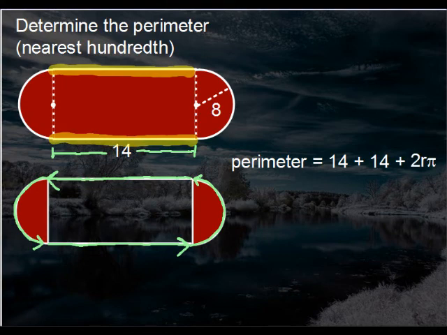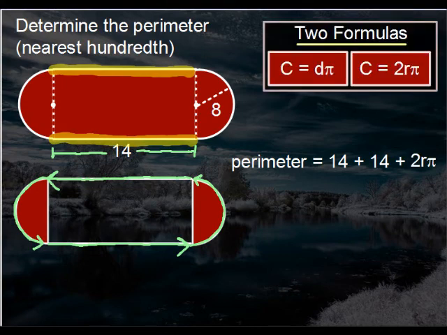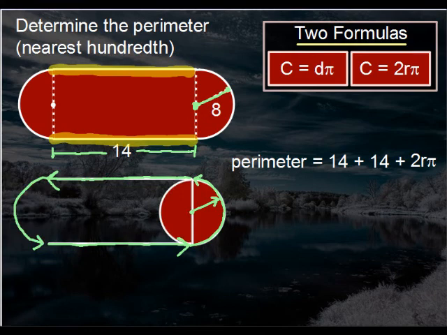Now I'm using 2r pi for the circumference. Again, remember we have two formulas, but I'm using the one for the radius because we are given the distance from the center of a circle to its side here. So you can see that here, and if I put these two pieces together, it becomes a little more apparent. So the radius is 8.